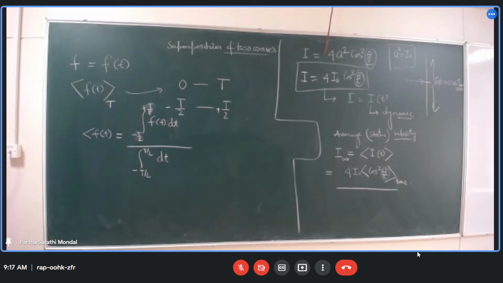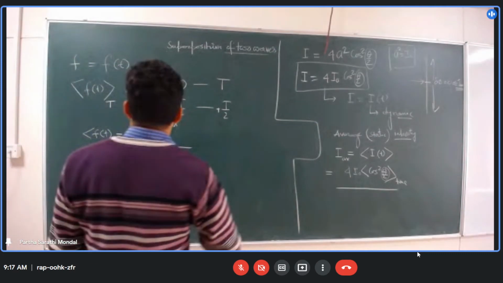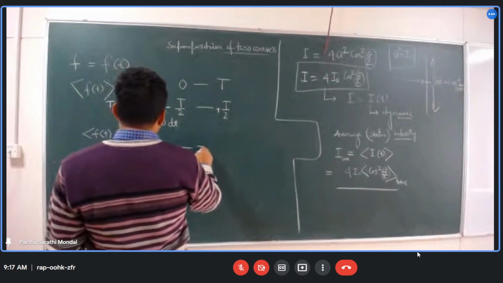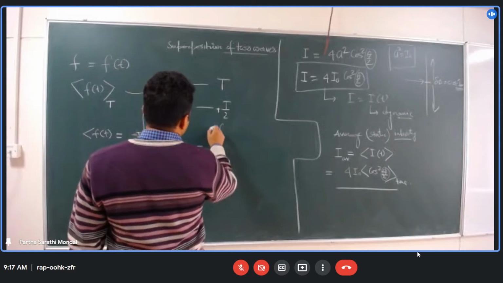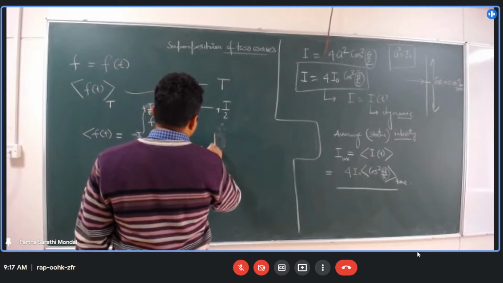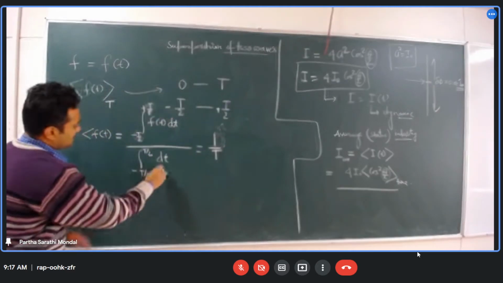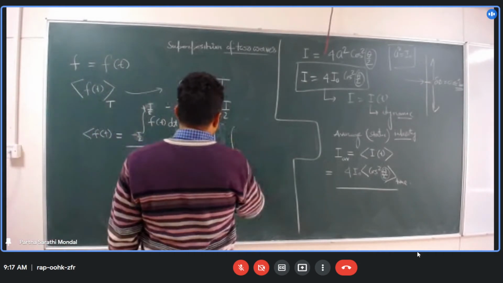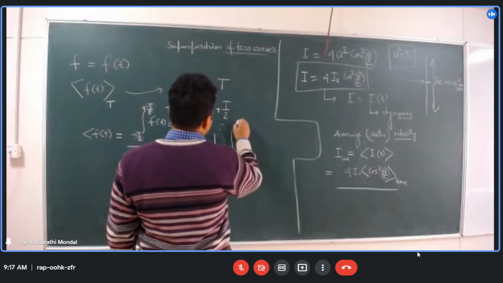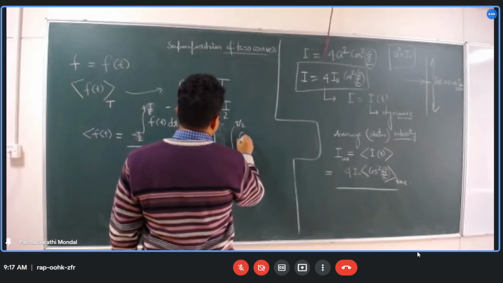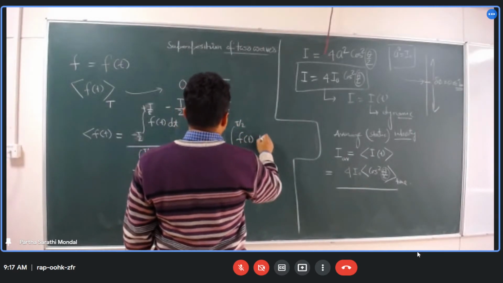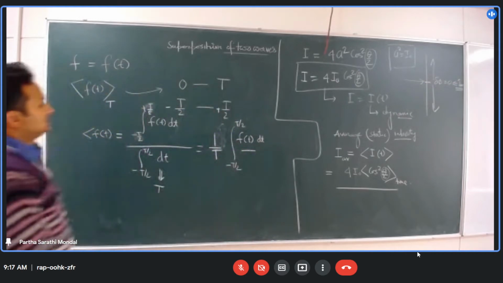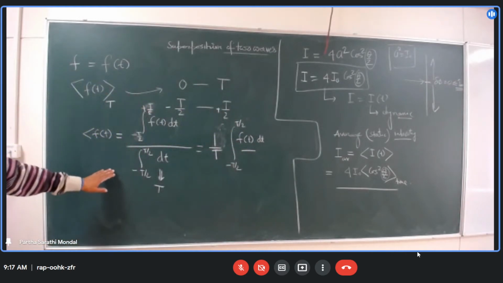So this is how we can take the time average of any quantity. That means it will just give you 1 by t integration minus t by 2 to t by 2 ft. Okay. So now this is the average formula.